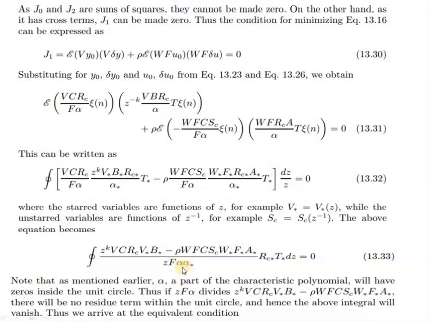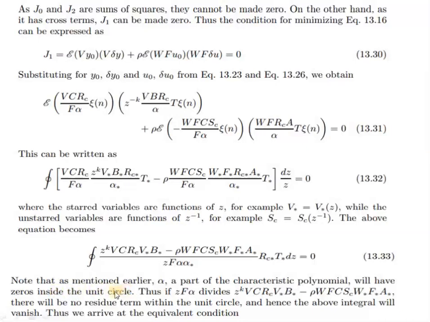As we have said earlier, alpha is a characteristic polynomial, and for the system to be stable, the roots of the characteristic polynomial should be inside the unit circle. Therefore we can say that alpha is a characteristic polynomial, and its zeros lie inside the unit circle.